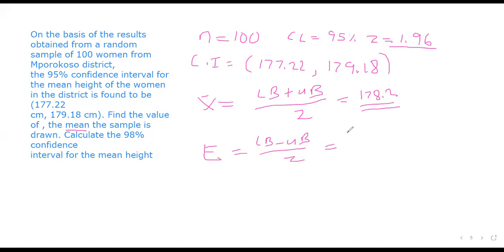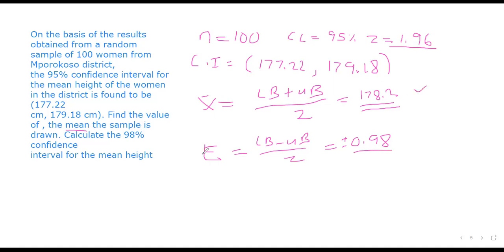What do we get? 0.98. Our error is plus or minus that. Sometimes it can be upper bound minus lower bound, it's the same thing. So we found the mean.